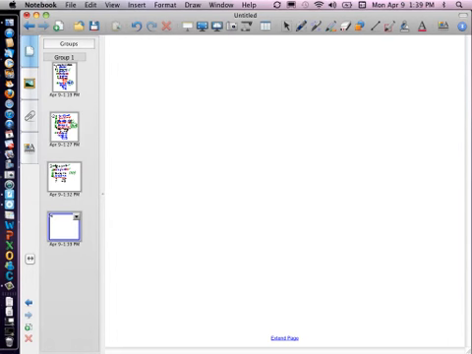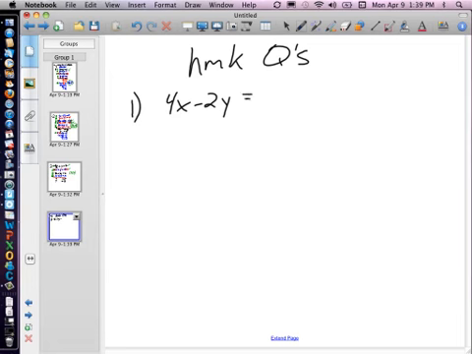So here they are, homework questions. And let's have you, I think 2 of these should be sufficient. Let's go with number 1. 4x minus 2y equals 10. And 3x minus y equals 12.